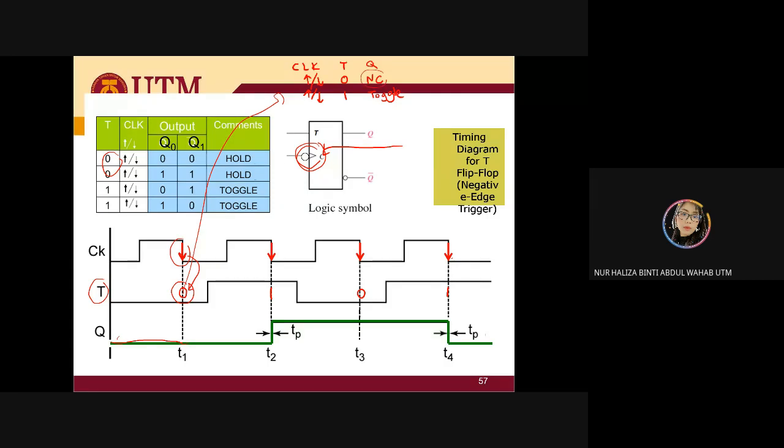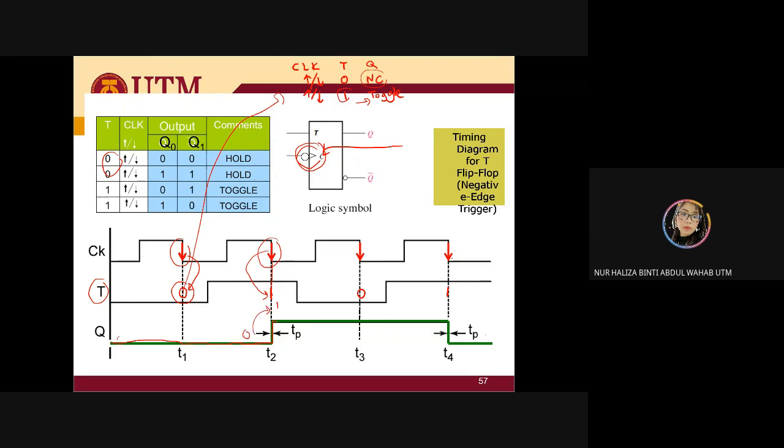That's why you will continue with no change until you meet another negative clock here. And you refer to your input at this line. Now T is 1. 1 will be toggle. So you're going to change from 0 to 1.